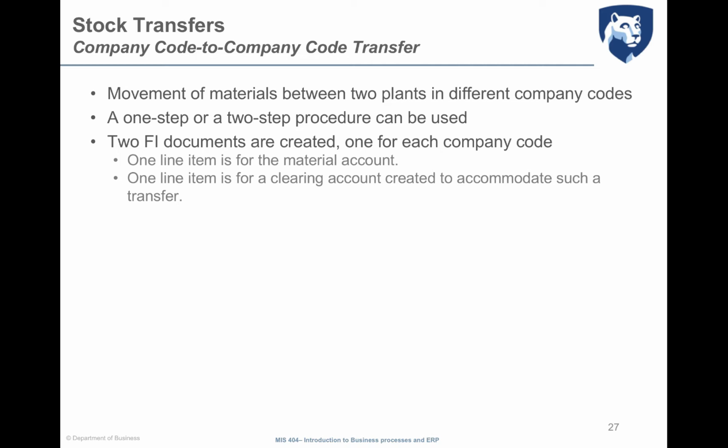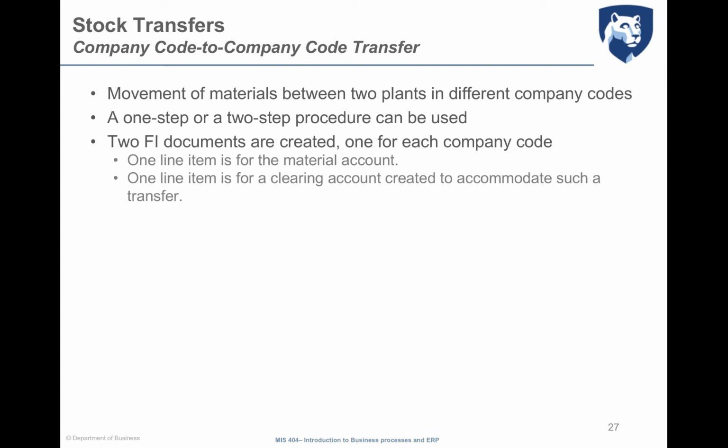But in both cases, as we are dealing with two different companies, there is the need to revaluate materials, also because in this case the two plants are located in different company codes. At least in the previous case, the plants were located within the same company code. So in this case, two financial documents are created, one for each company code, because they can refer to different types of accounting and chart of accounts.